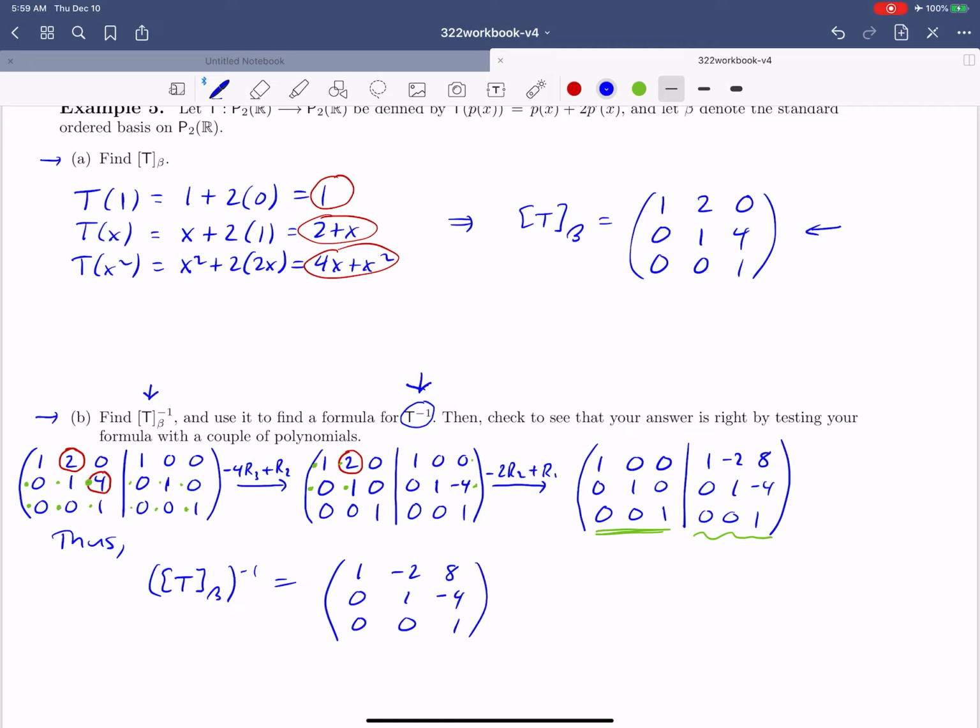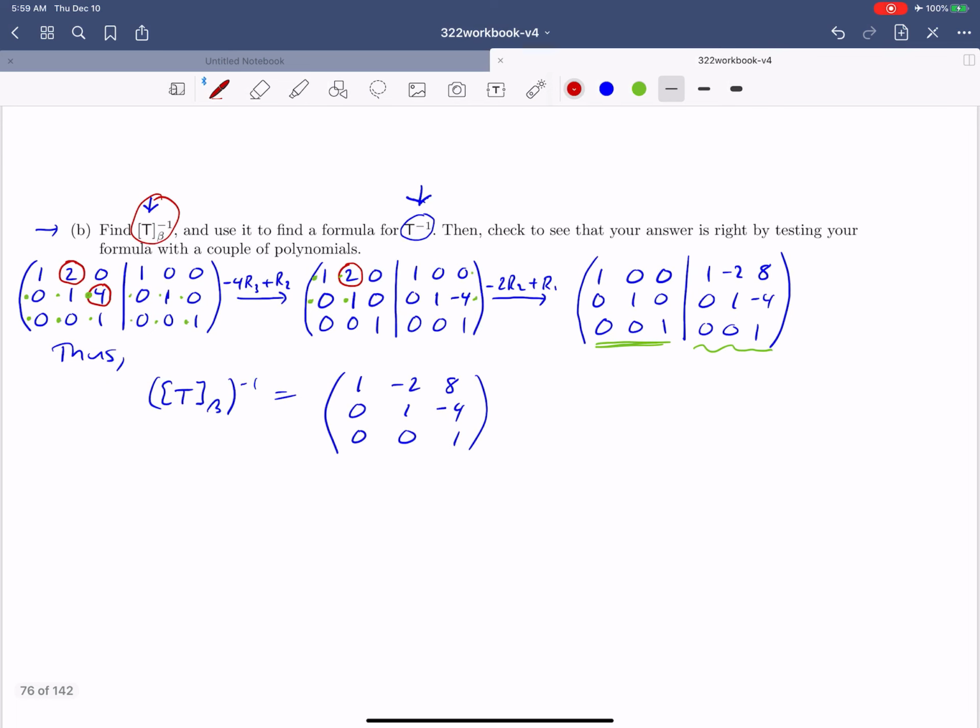So we've completed the first part of this question, which asked us to find the inverse of T beta. Now the question is, how do we use that to figure out the inverse of our transformation? That's what we're really interested in here. And the key is to remember what a matrix does for us. It takes us from coordinates to coordinates.